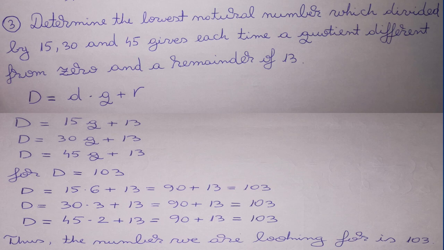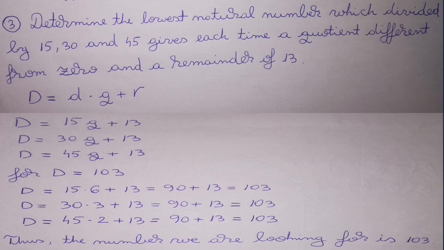Then we substitute in the theorem the values known for the divisor and the remainder, and obtain three equations where d is equal to 15q plus 13, d is equal to 30q plus 13, and d is equal to 45q plus 13.